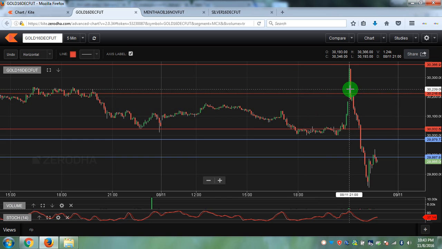So as I mentioned in our theory, in this trading strategy you have to wait for the next candle to give a confirmation. So this candle gave a confirmation of selling at 30,216 at 9:05, and the stop loss was at 30,366.